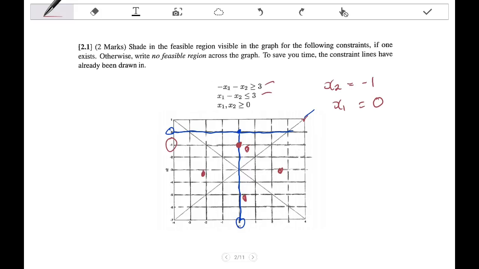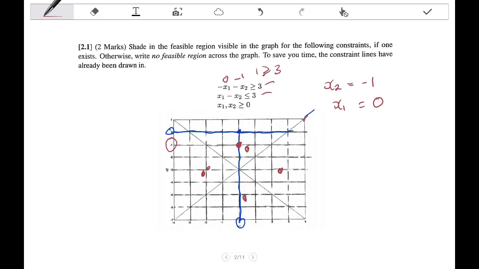Then for the first constraint, x1 is 0 and x2 is -1. So -1 times -1 gives 1, and 1 is greater than or equal to 3, which is not true, so leave that point. Then go to the next one.